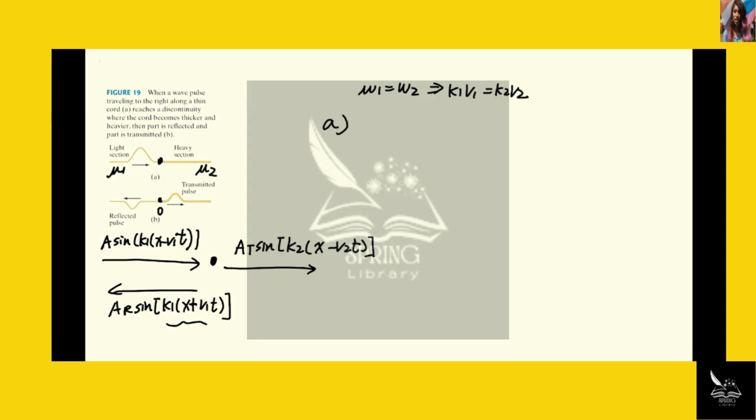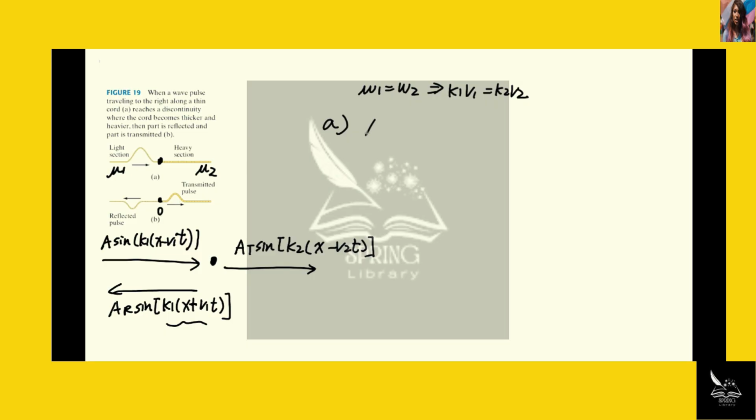Because of that, show that A equals A_T plus A_R. The point just to the left of the knot has a superposition of both the initial wave and the reflected wave.